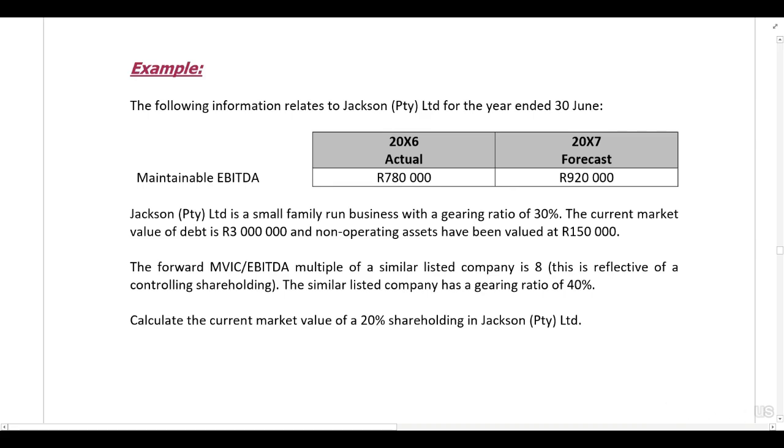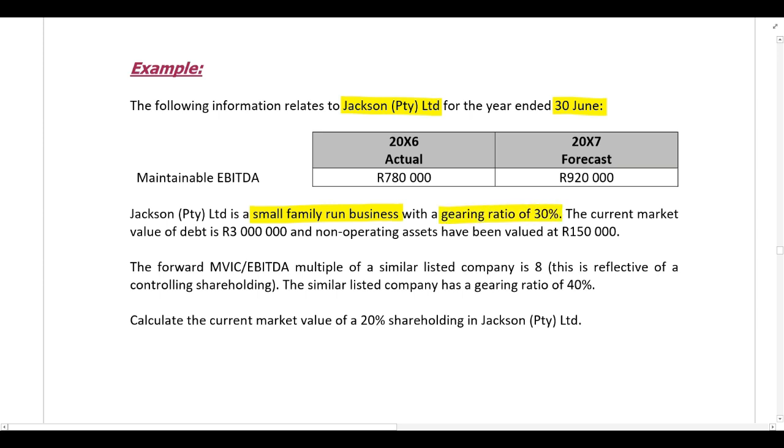The following information relates to Jackson Pty Limited for the year ended 30 June. You've been given their actual maintainable earnings before interest, tax, depreciation, and amortization, and you've also been given the forecast information for 20X7. Jackson Pty Limited is a small family-run business. They have a gearing ratio of 30%.